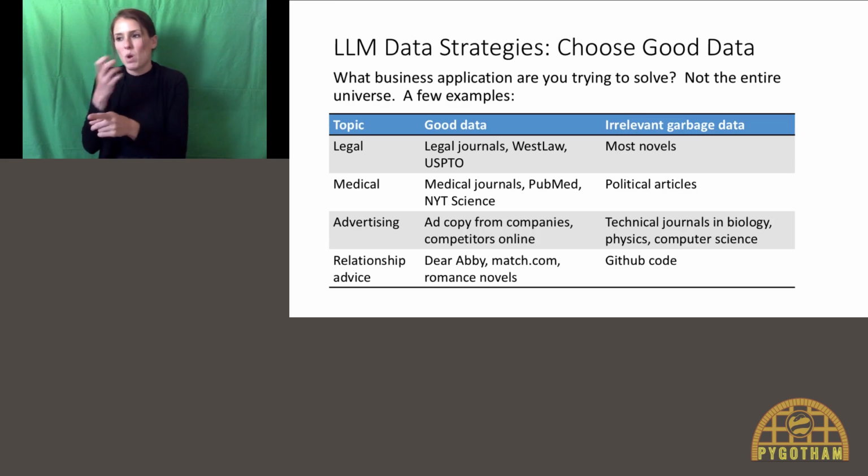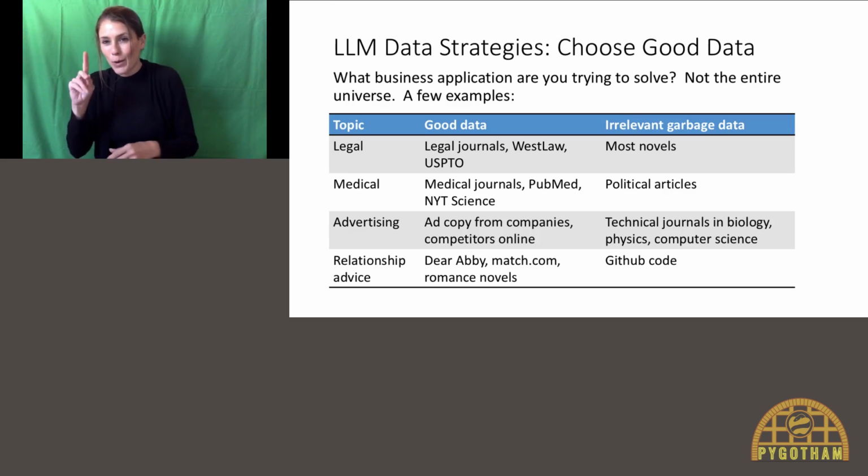You wouldn't want to use political articles because politicians write quite differently than doctors. For advertising, you want to use ad copy from various companies online. You would not want to use technical journals in science because, again, the language would be quite different. For relationship advice, you'd probably use Dear Abby columns, Match.com, romance novels. You really wouldn't want to use GitHub code because that would just be irrelevant.